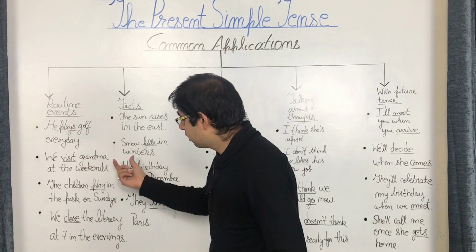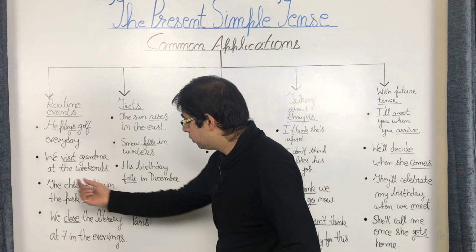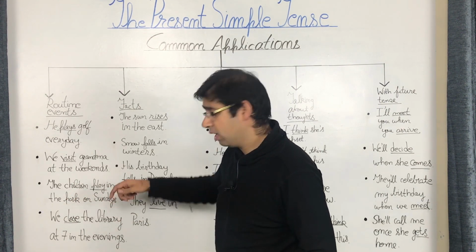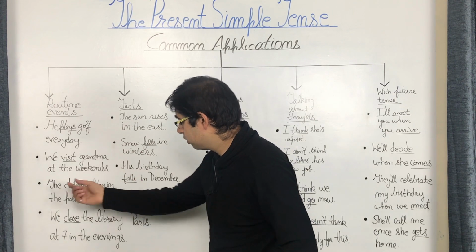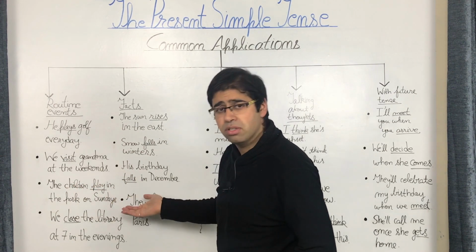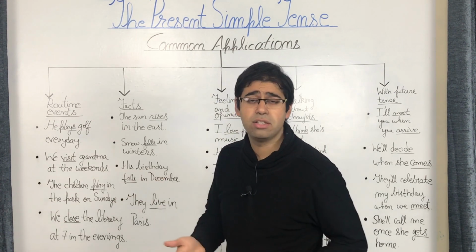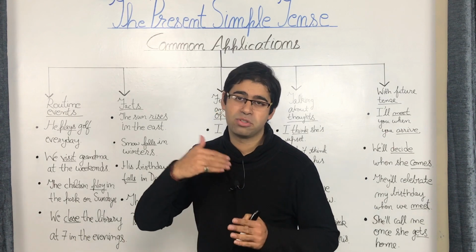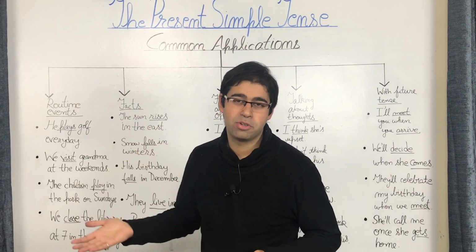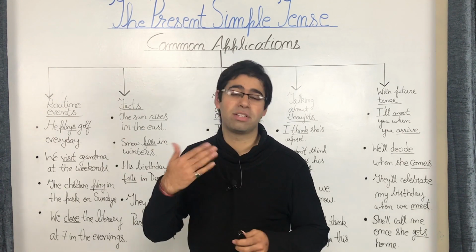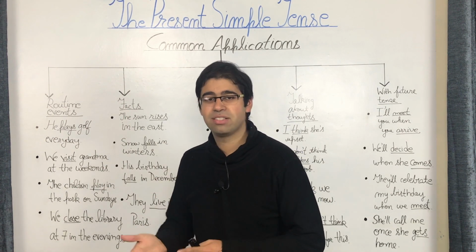So we are visiting grandma at the weekend. Similarly, the children play in the park on Sundays. So again, if this turns into a continuous, you've got the children are playing in the park on Sundays, perhaps nowadays, which again shows that it is only in the temporary present, but does not go on to become a permanent routine. And that's quite simply the change of routine events into the present continuous, permanent versus temporary.